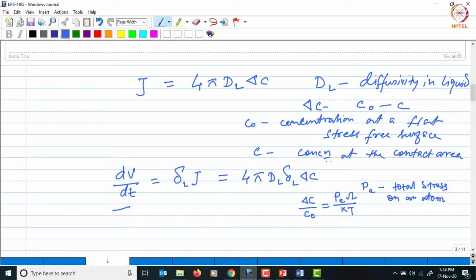Omega is the atomic volume, and the other terms have their usual meanings.